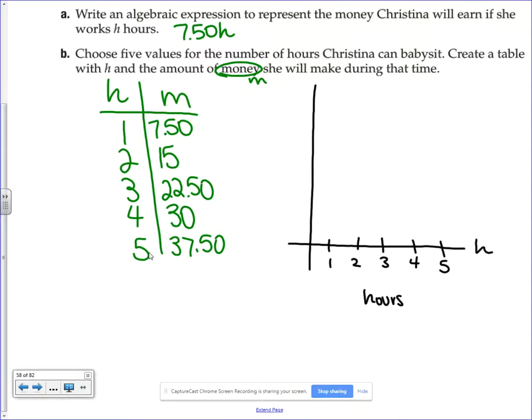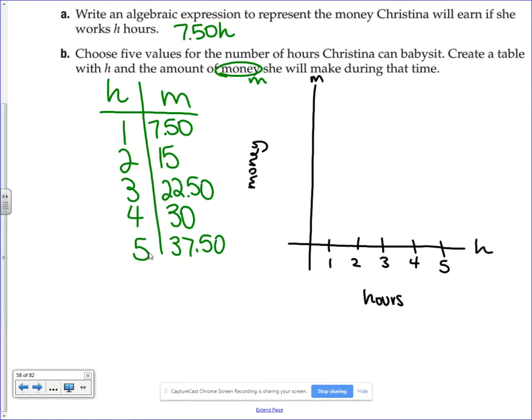Everybody doing all right? What is my range, my output, my dependent variable? The money you make. So I'm going to put that over here on the vertical axis. M for money. How high do I need to go on the M axis? I need to get up to 37.50.